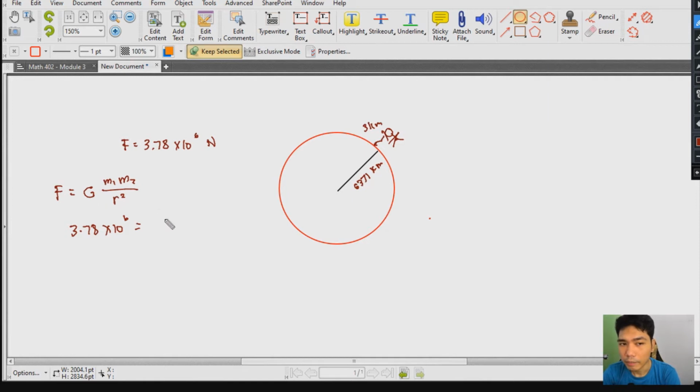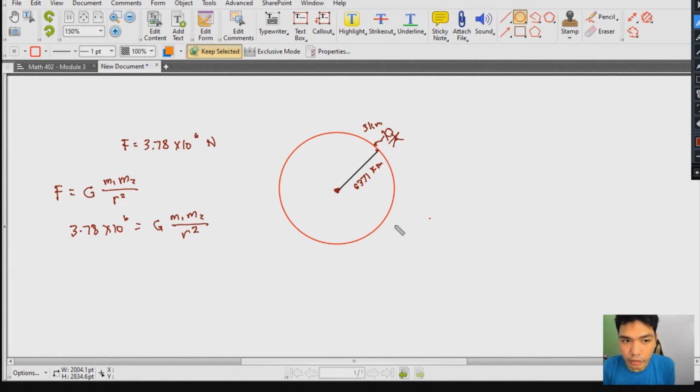Remember, this G, M1, M2, and R squared. When we use this in terms of the expression of the force or the work, you already know the value of your R. So, it's not R sub 2, it's R squared.